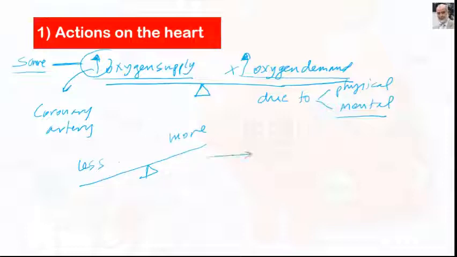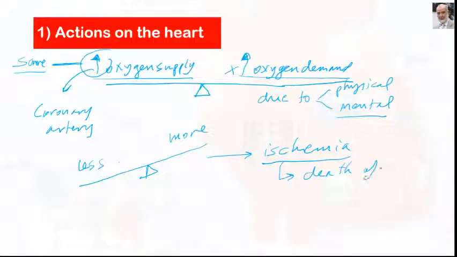This will lead to what's known as ischemia, because the heart muscle will receive less blood supply, so it will suffer from ischemia. Ischemia فقر في الأكسجين. Ischemia. والischemia can lead to death to the cardiac muscle.